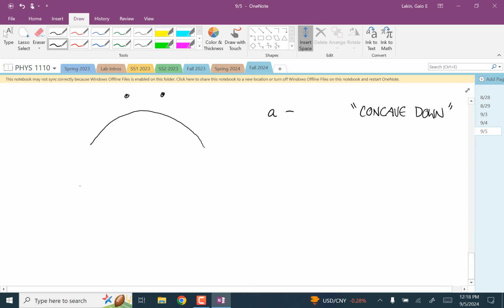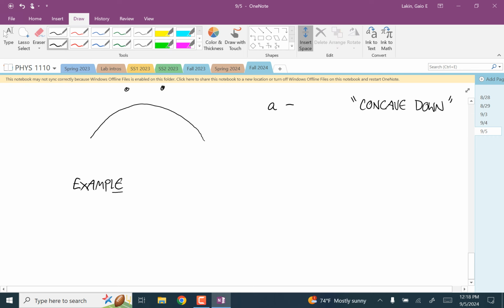Okay, so let's start trying to put some of these pieces together. First of all, let's say we have a position versus time graph that looks like this.